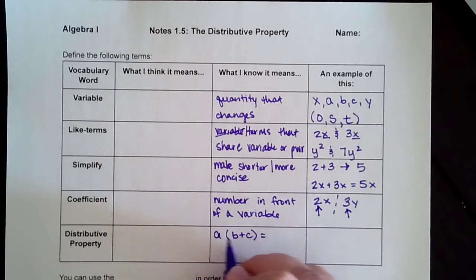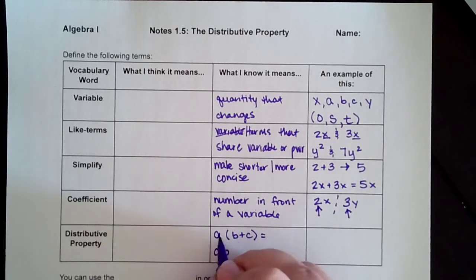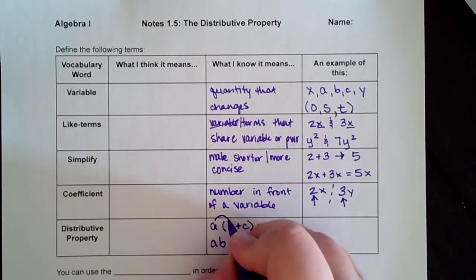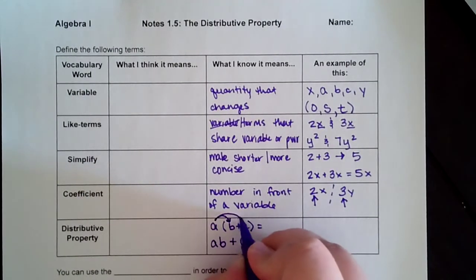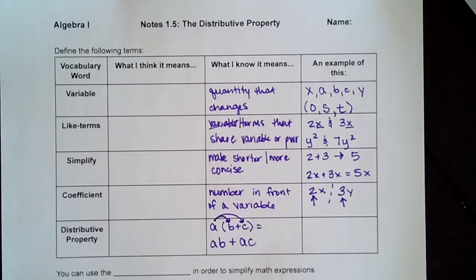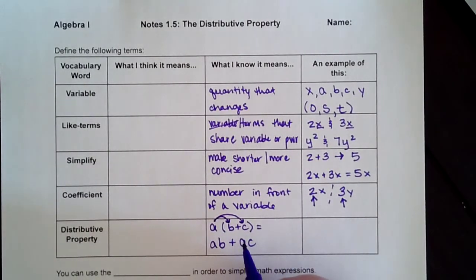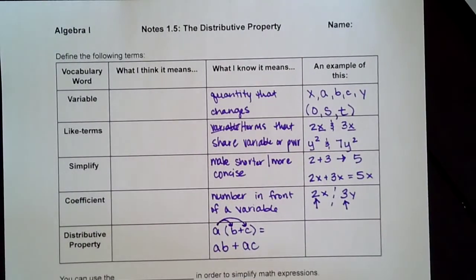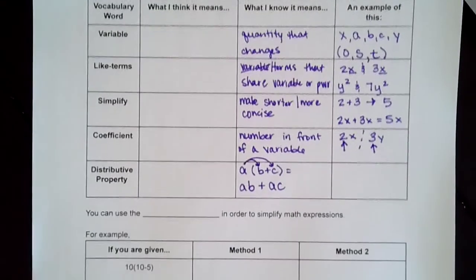That's okay. It's the same thing as AB, so A times B, plus A times C. And that's called the distributive property because we're distributing the quantity to both terms individually. And this might be more of an example rather than a definition, but I think that's the easiest way to see it. We don't all think in words, and that's okay.